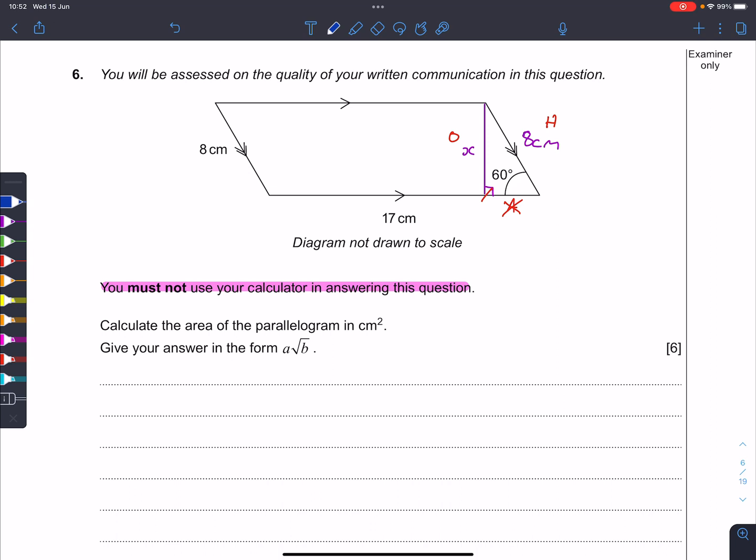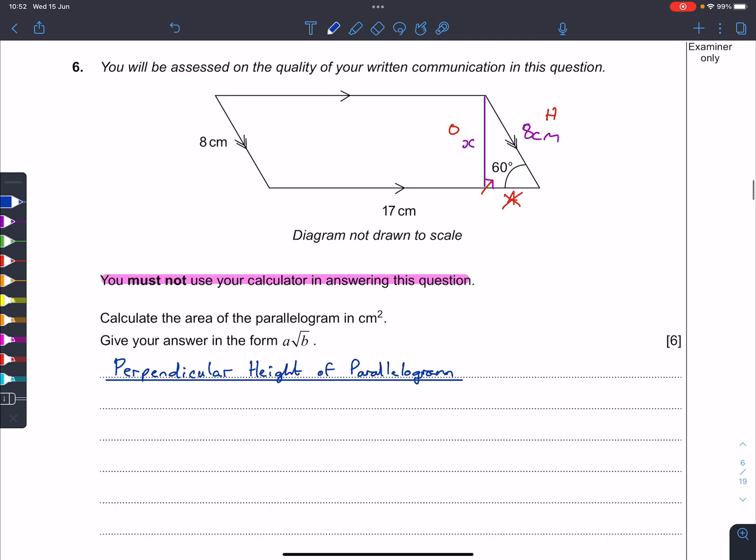So, the perpendicular height, which is the height that's at a right angle, of the parallelogram. So I'm just going to put that as a little side heading. I find when I'm trying to be organised in my communication, using little side headings works out well.